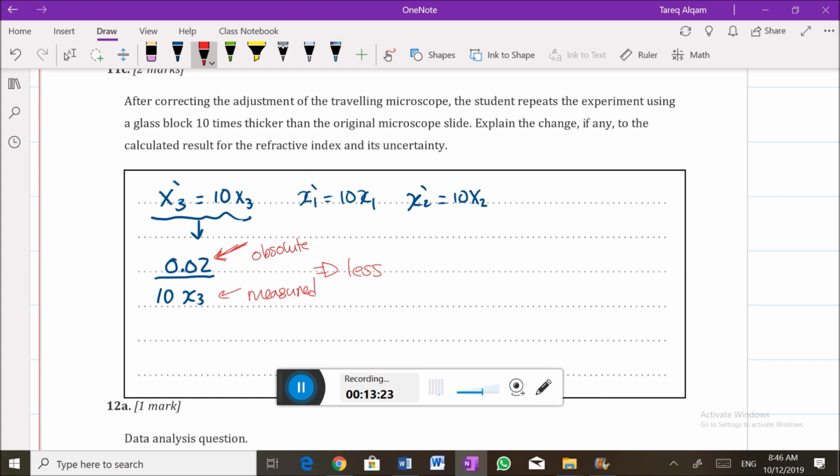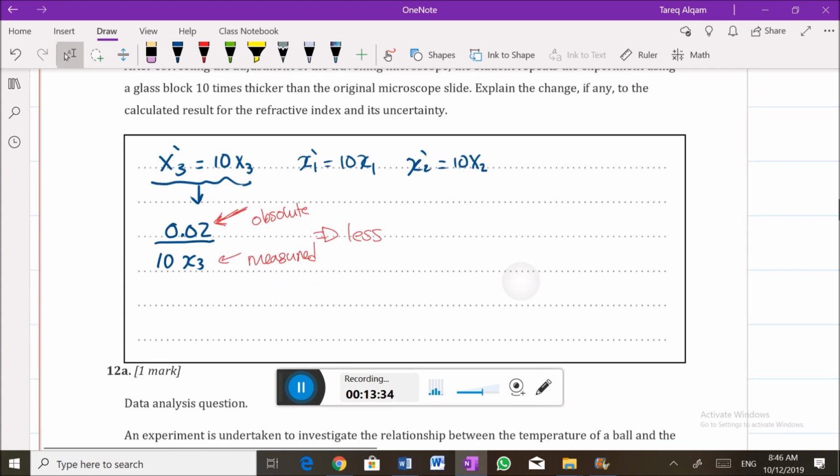The fractional uncertainty will be less for x3, for x1, for x2 as well. So the refractive index does not change because, as I mentioned before, I multiplied both numerator and denominator by 10, but the fractional uncertainty will be less.